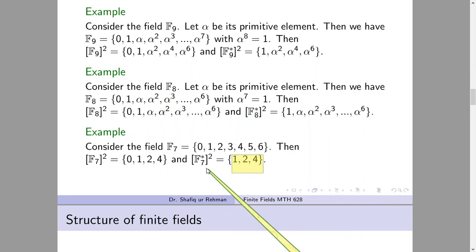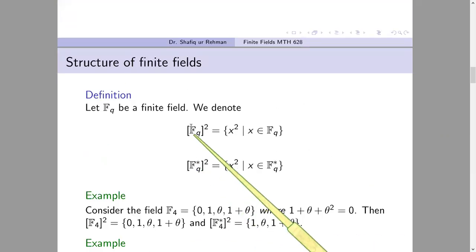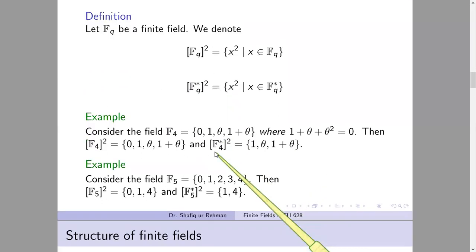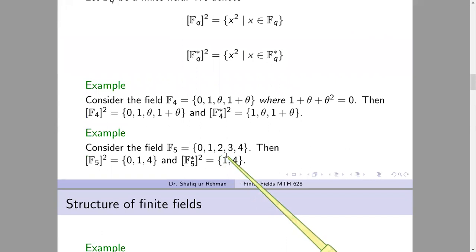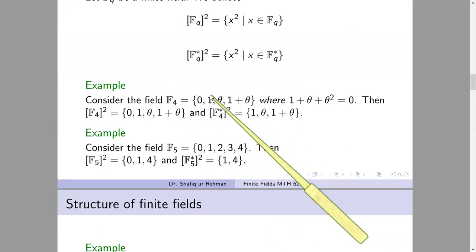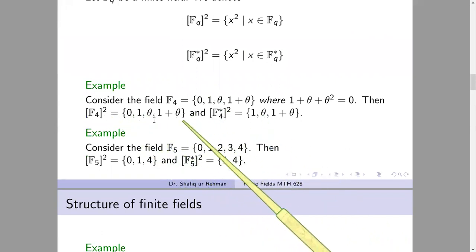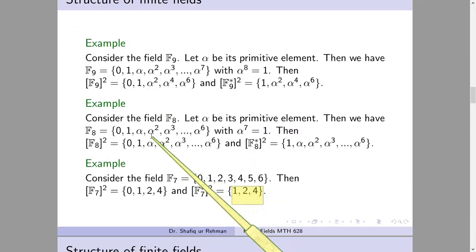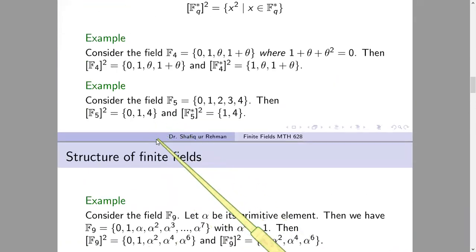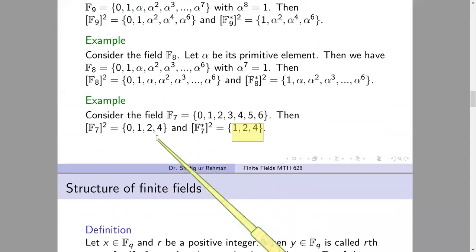So this is a nice observation. We define the square of this set, and we observe that not all the elements are squares always. In some cases, all the elements can be written in the form of a square, for example in F4, in F8, but in some cases, half the elements are squares and half are non-squares.